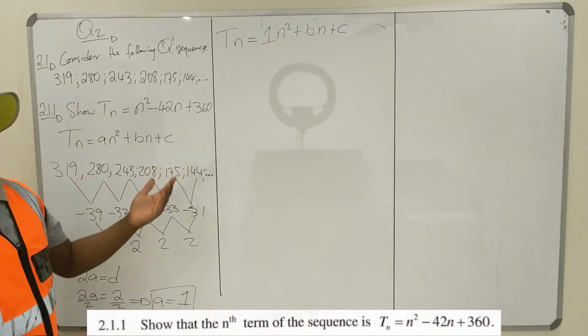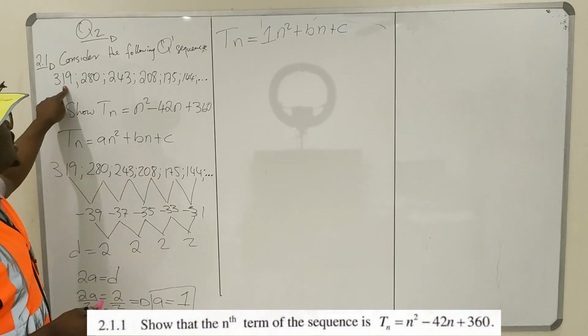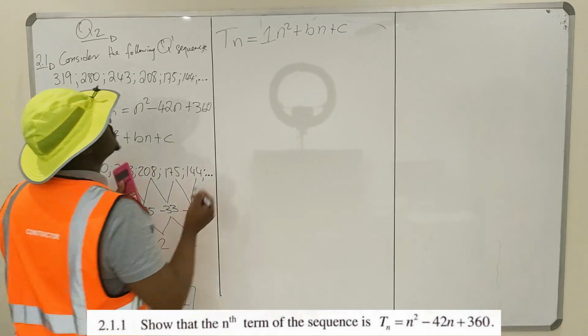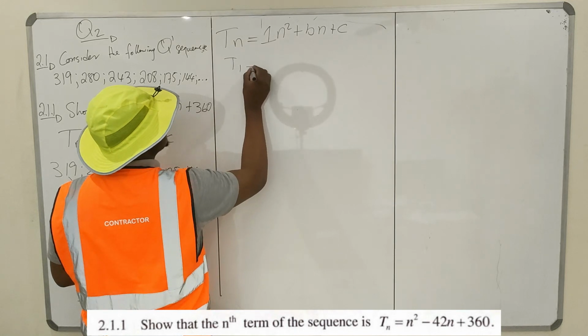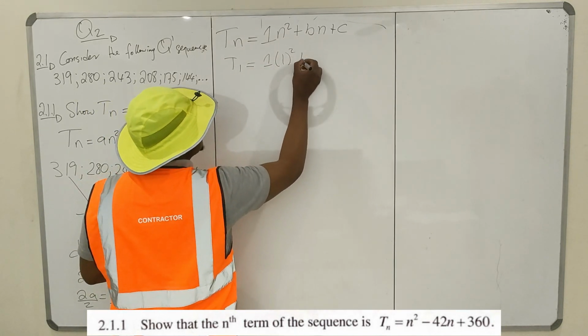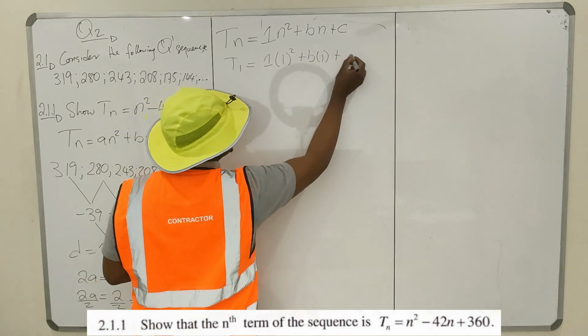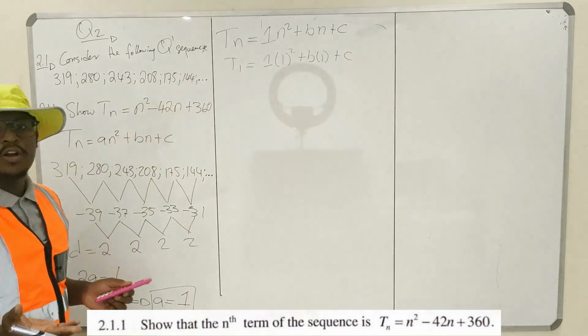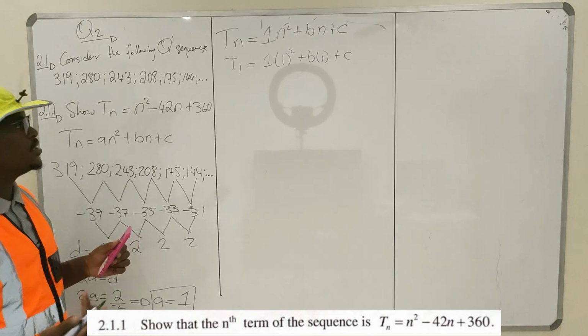You can use any terms here. You can use the first term, T1, right? To get T1, you substitute 1 here, plus b times 1 plus c. This is how you find T1 on a normal day when you have a complete equation.